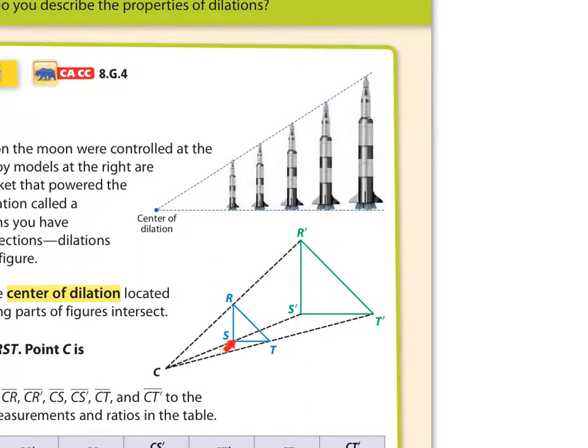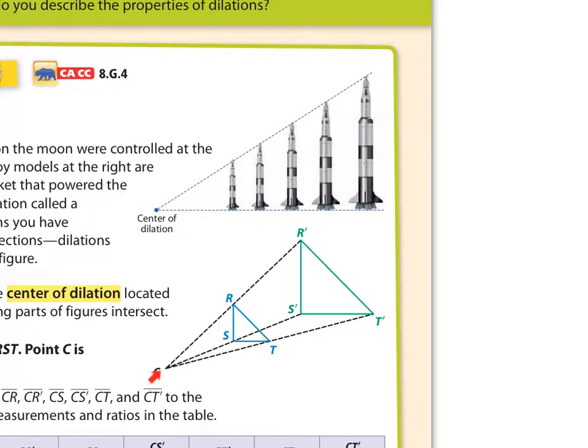The S right here looks like a right angle, and S prime has a right angle, 90 degrees, right here. All the angles are the same, and the sides are going to grow proportionally. So if RS grows to R prime S prime, it looks like it's made about twice as big, which means the other sides are going to get twice as big.